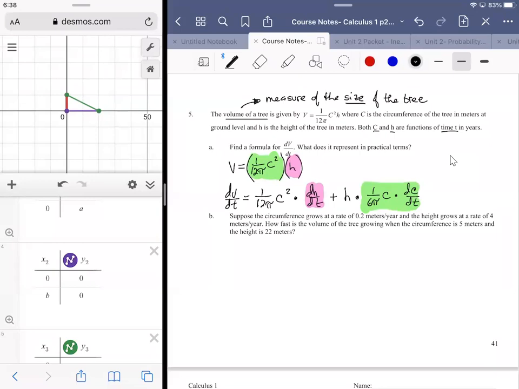So this is giving us a measure of the change in size of the tree per year.